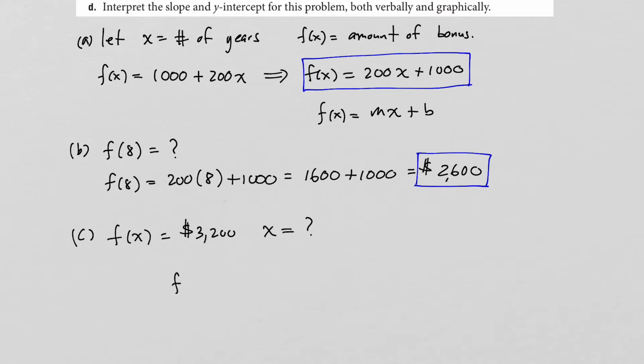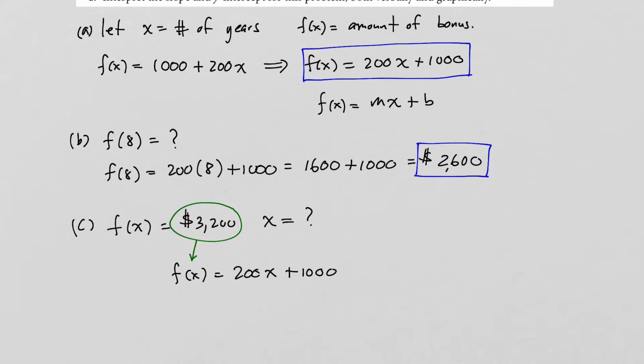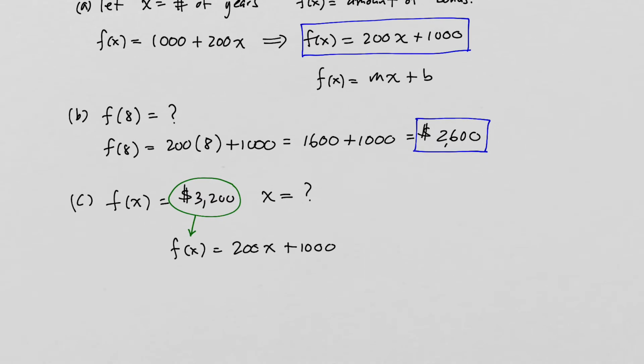So again, we know that f of x is equal to 200x plus 1,000. And in this case, we know that her bonus is $3,200, so that takes the place of f of x. So we get 3,200 is equal to 200 times x plus 1,000. And now we can use that equation to solve for x.